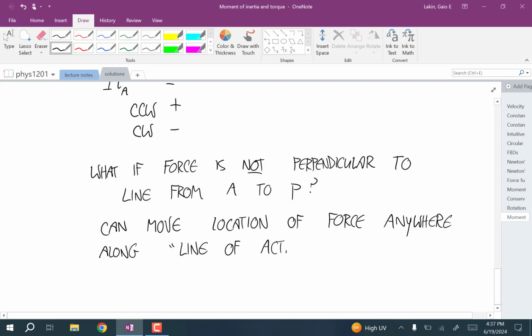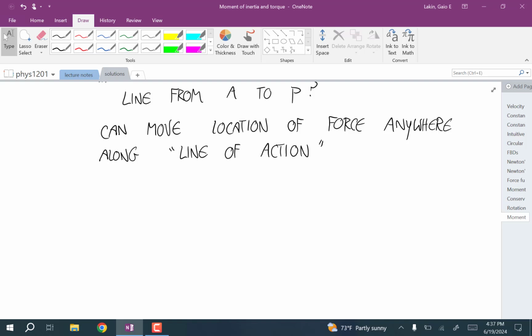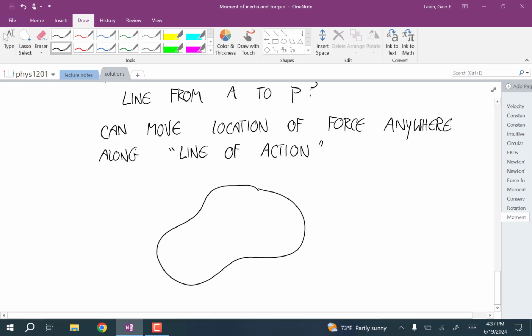Now you're not physically actually moving where the force is. As someone doing this calculation, you can't control that. But for doing the calculation, you can move this force along a line. And so if you have this body and this is the axis A, and this is where the force is applied, okay?